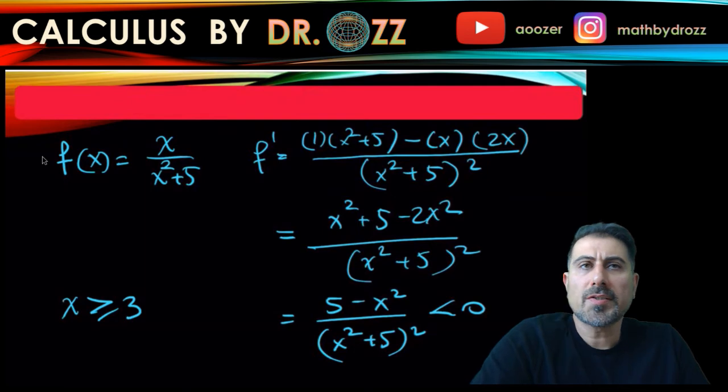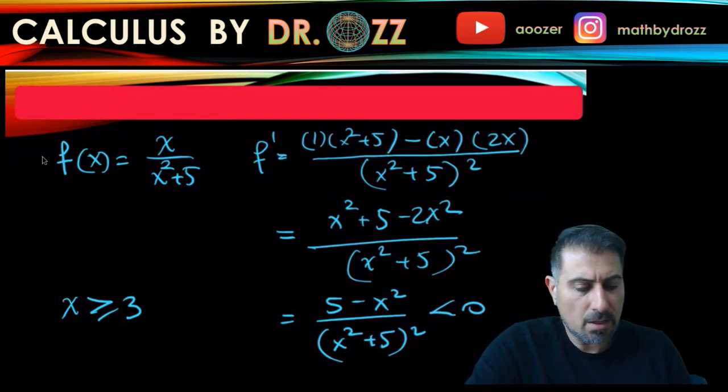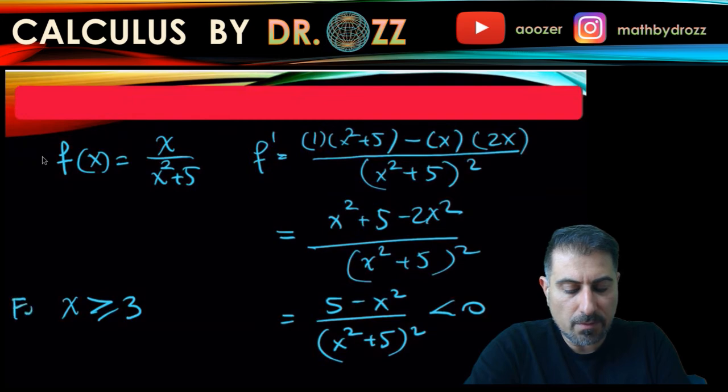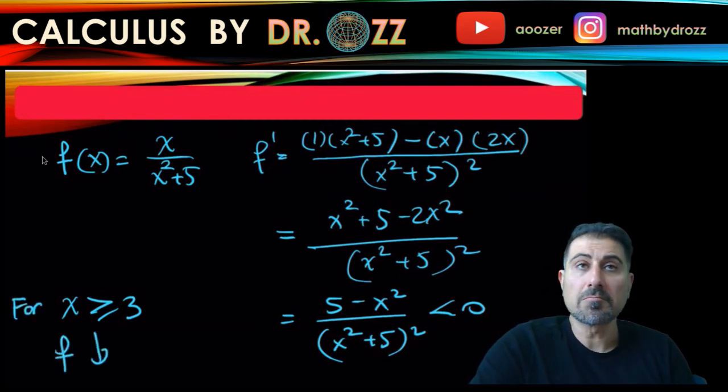This essentially means that I'm considering the infinite series starting from 3, which is okay. F is a decreasing function. So let's say for x greater than or equal to 3, f is decreasing. Okay, fine.